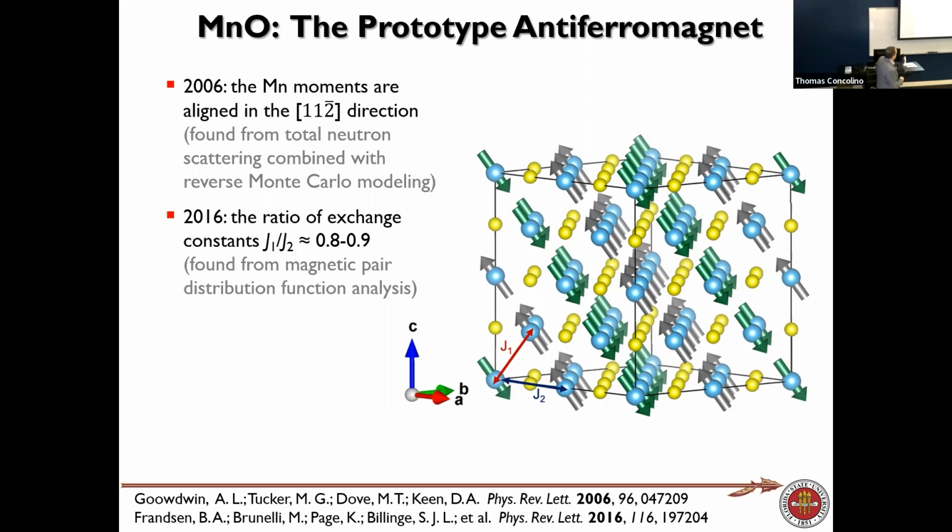And then the paper 10 years later actually applied the magnetic PDF function to look at this J1 and J2 exchange coupling ratio, and it turned out that this exchange coupling is similar between the nearest neighbor and next nearest neighbor exchange. Again, there are a lot of things we can do with these materials to get fundamental insight into magnetic structures and magnetic exchange.